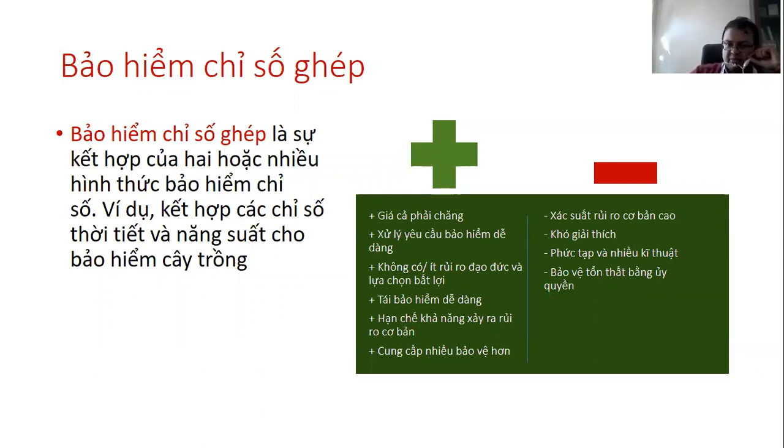For example, quite a well-known example of combining weather index and yield index was done in India some years ago in what was known as the Modified National Agriculture Insurance Scheme. That's been changed subsequently.